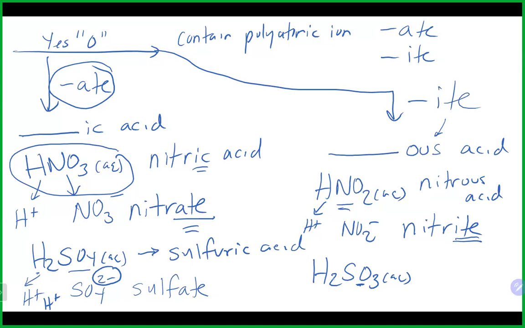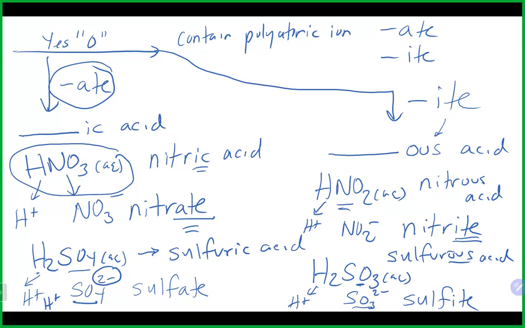What we want to look at is the polyatomic ion that's present. In this case, that is SO3 2-. So if SO4 2- is sulfate, SO3 2- should be sulfite, right? You could adjust down one oxygen. And because that's sulfite, this will actually be sulfurous acid, OUS at the end there.